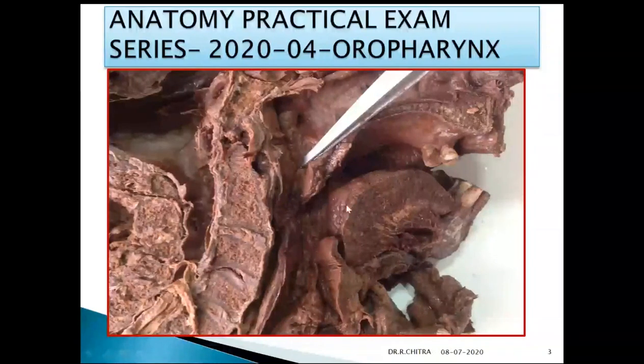So what are the boundaries of the oropharyngeal isthmus? Above is the soft palate, below is the dorsal third of the tongue, and on each side the palatoglossal arch. So that is the communication between the oropharynx and the oral cavity.